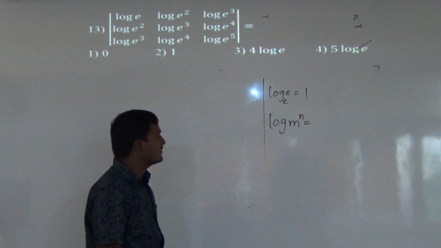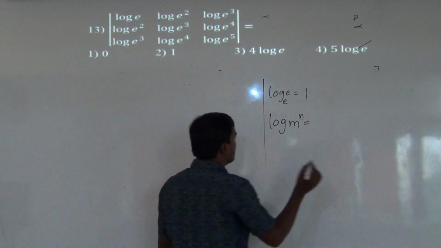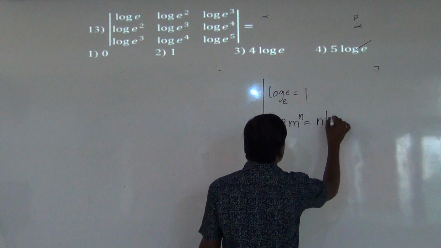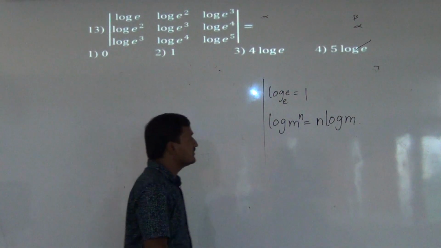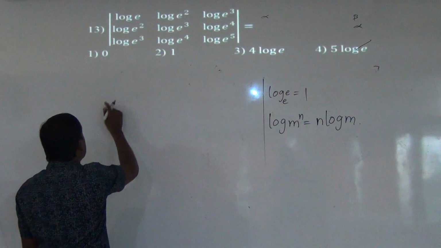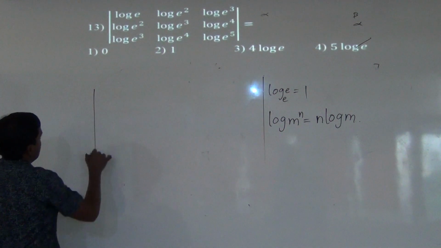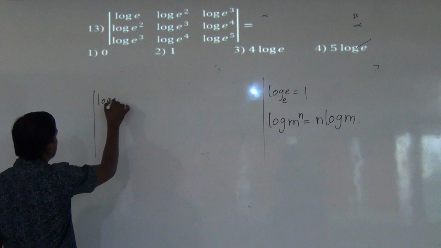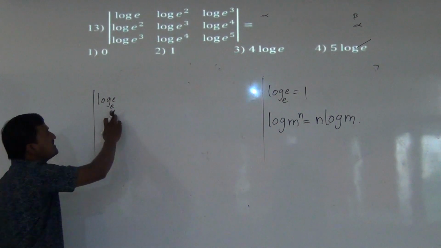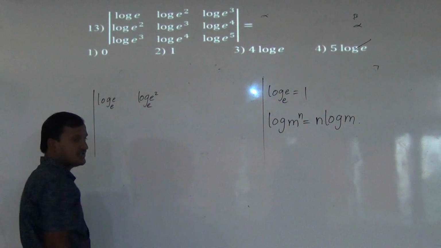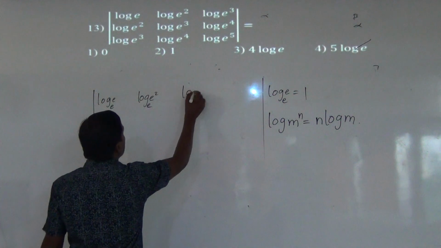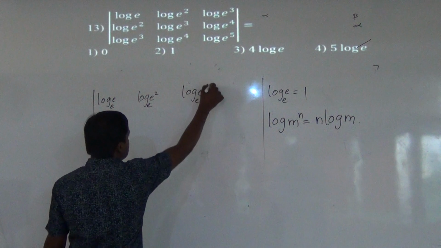What is the formula of log m raised to n? Log m raised to n is always n log m. So in the given determinant, here it is log e, and the base is always e, and log e square they have given, and log e to the power 3.